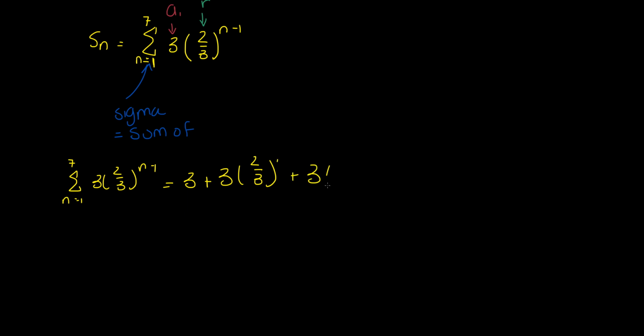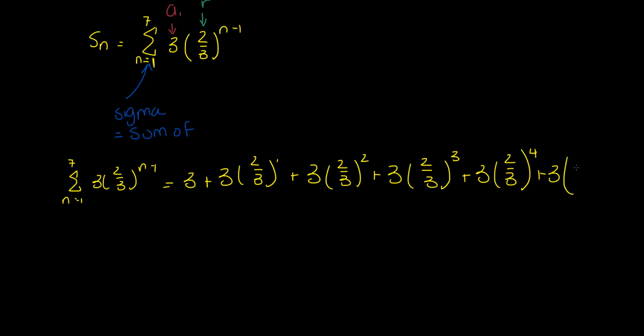Plus 3 times 2/3 squared, A3. 3 minus 1 is 2. Plus A4, 4 minus 1 is 3, plus A5, 5 minus 1 is 4, plus A6, plus A7. I run out of space. That's 6.